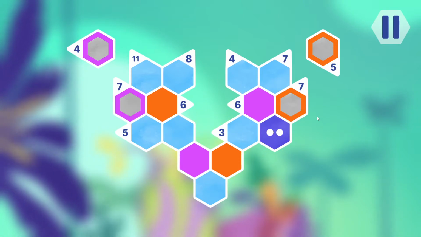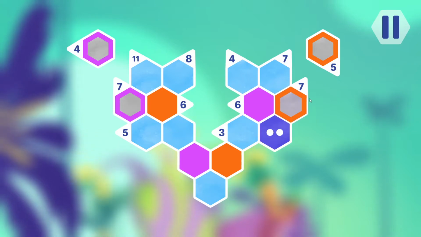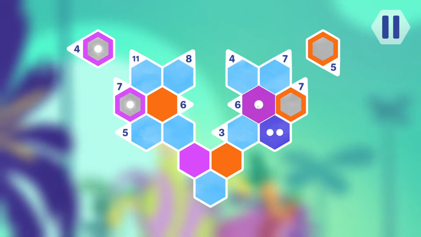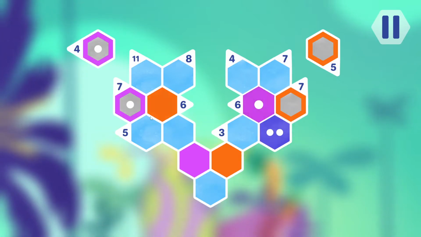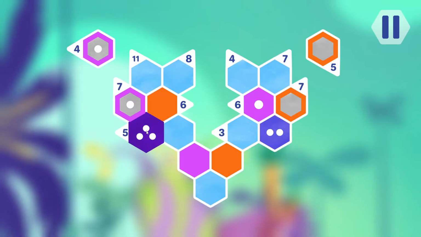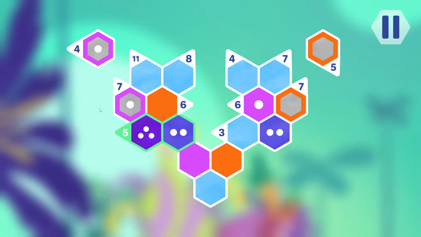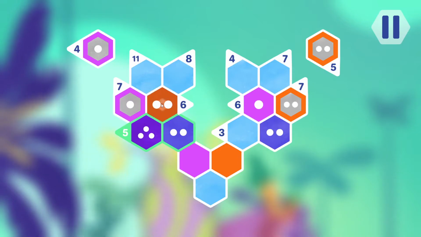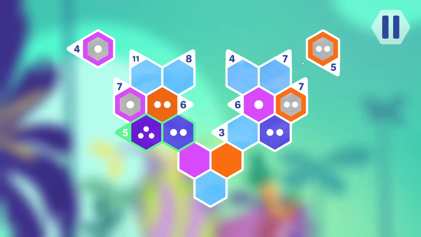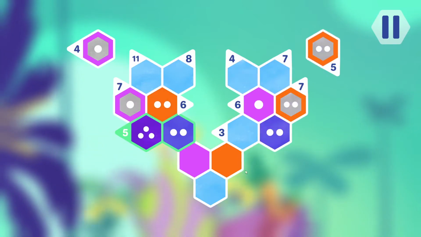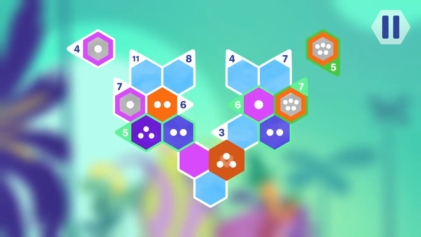What else? So if this is 5, then it's 1 over here. Since this is 4, then 3 over here, 2 left here, and this 4, so this is 2. And this needs to be 5, and we have only 1 orange cell left, so this is 3.